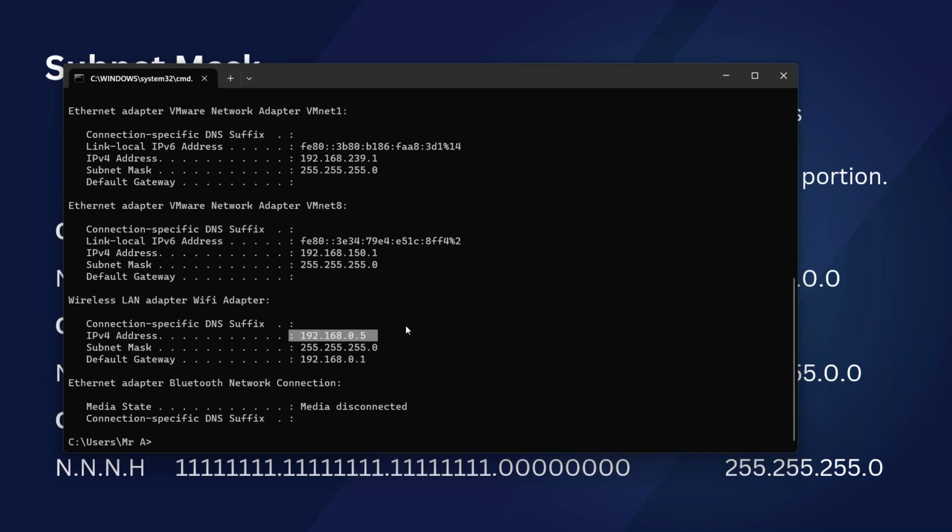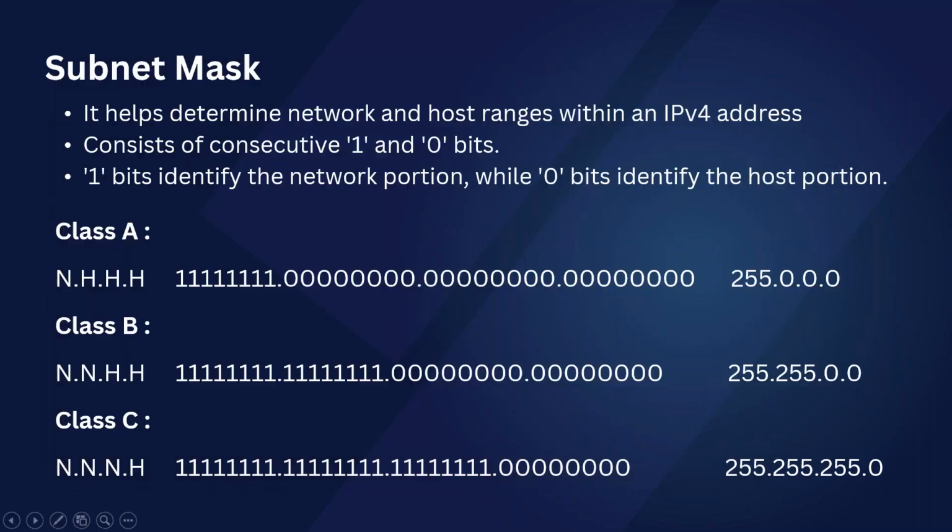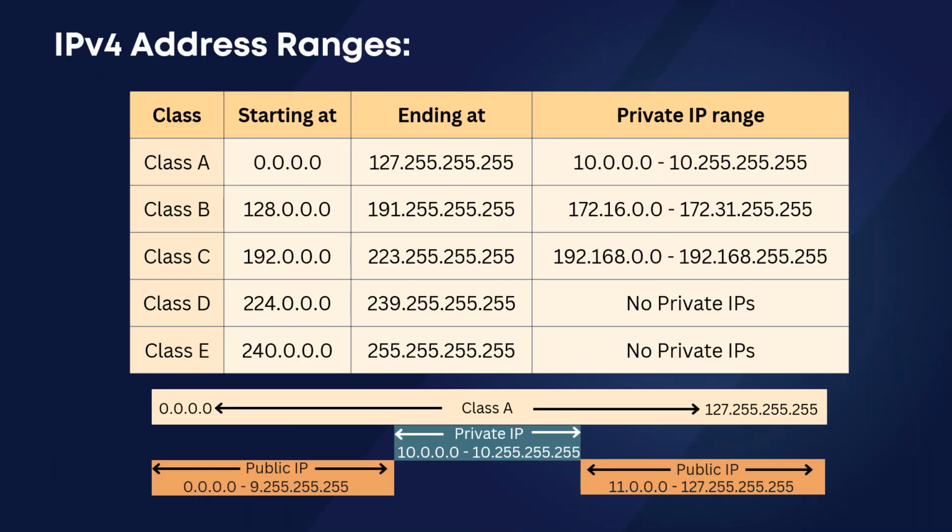If you remember the range from this table, this IP belongs in class C, between 192.168.0.0 and 192.168.255.255. This is the private IP range in class C. We covered that yesterday, I hope you recall.